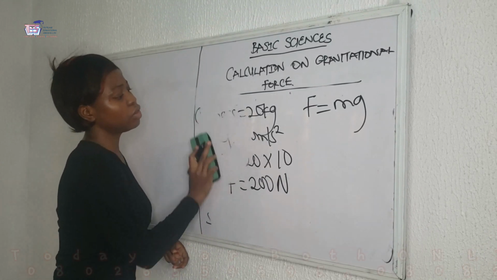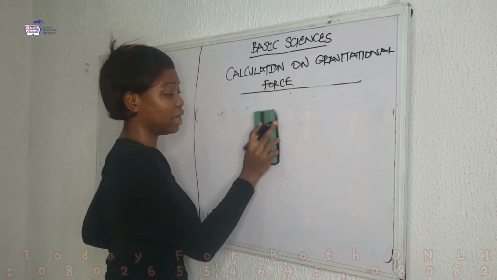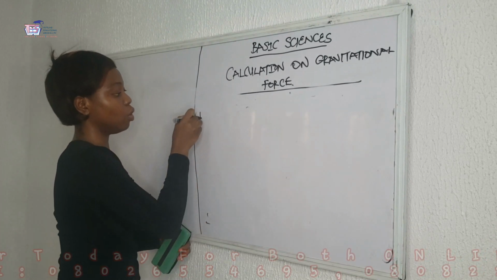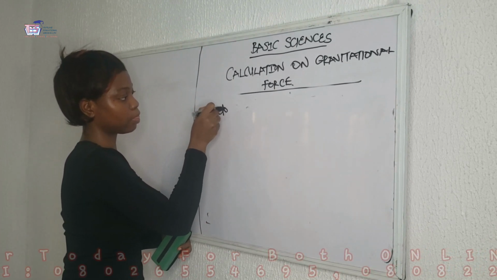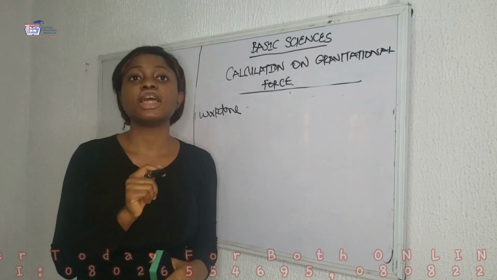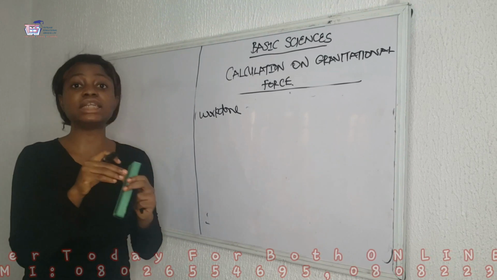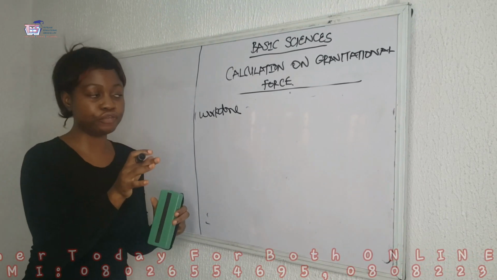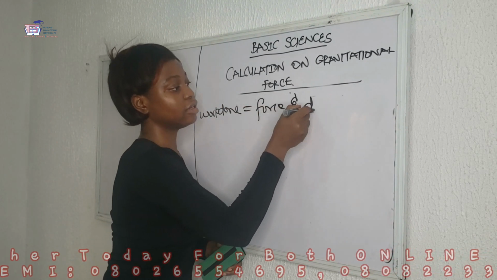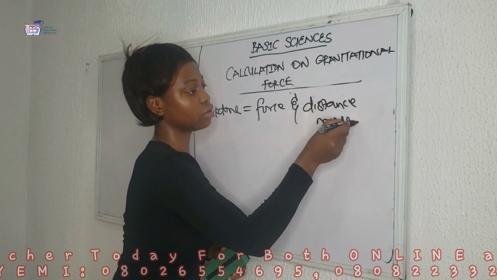Now, we also want to talk about something, that is the work done in moving a particular body due to gravity. The work done. Now, in physical science, when we talk about work done, we have to consider two things: the force and the distance moved.